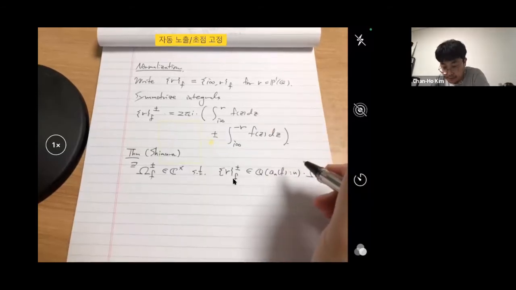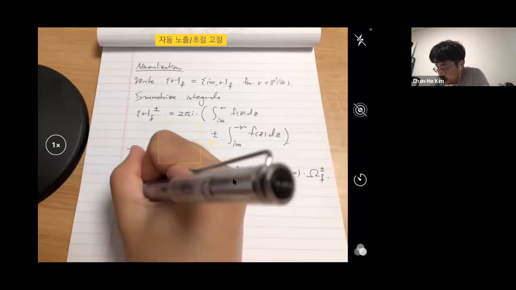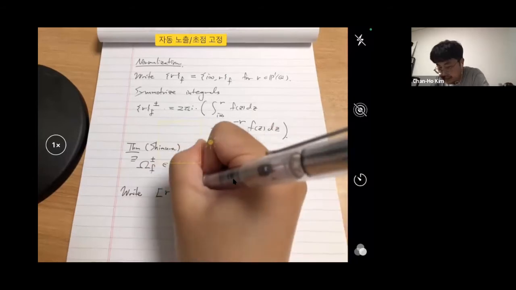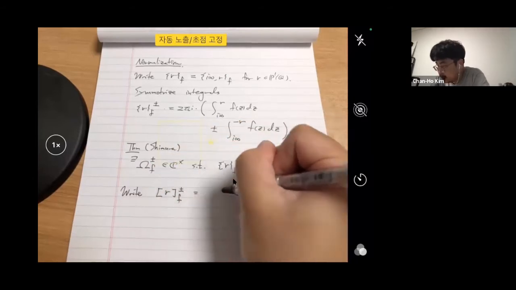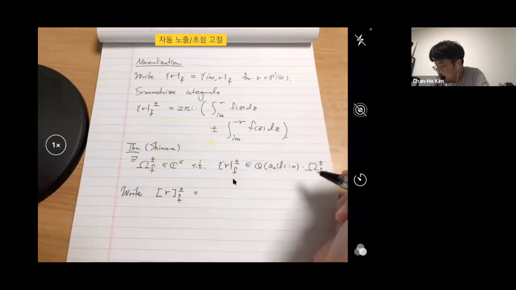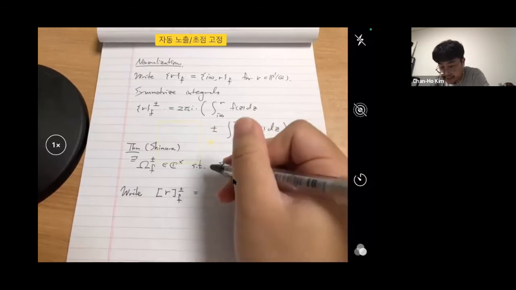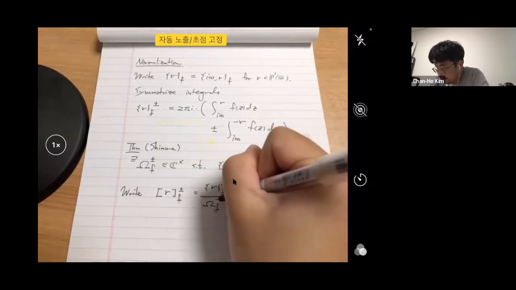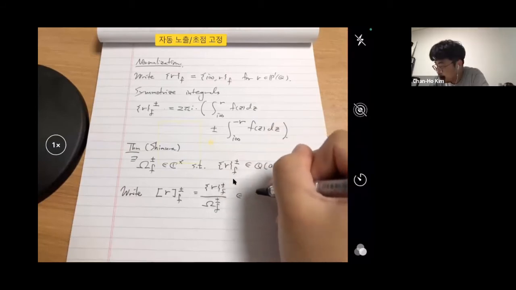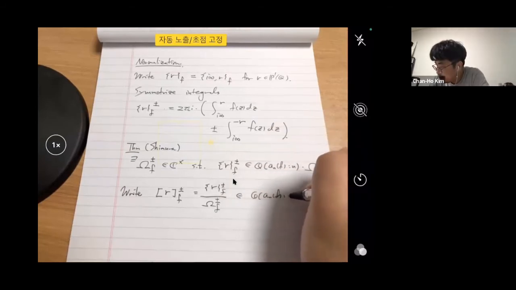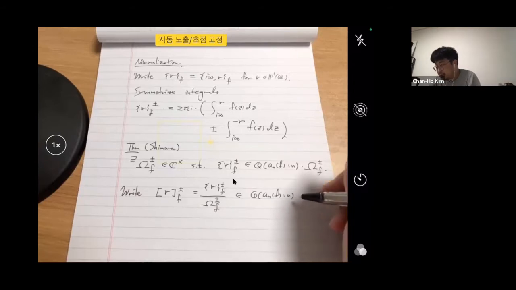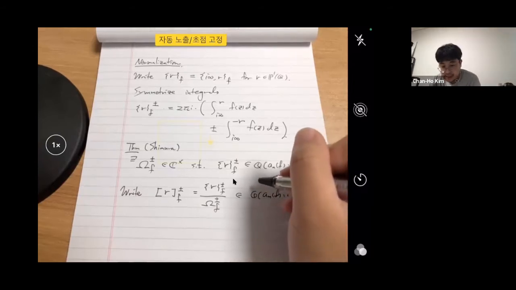So we can normalize as follows. Write the bracket [r]^± as just dividing this integral by this period. And this lies in the Hecke field. And yeah, we can embed this into Q_p bar, and we can do some p-adic theory like that.